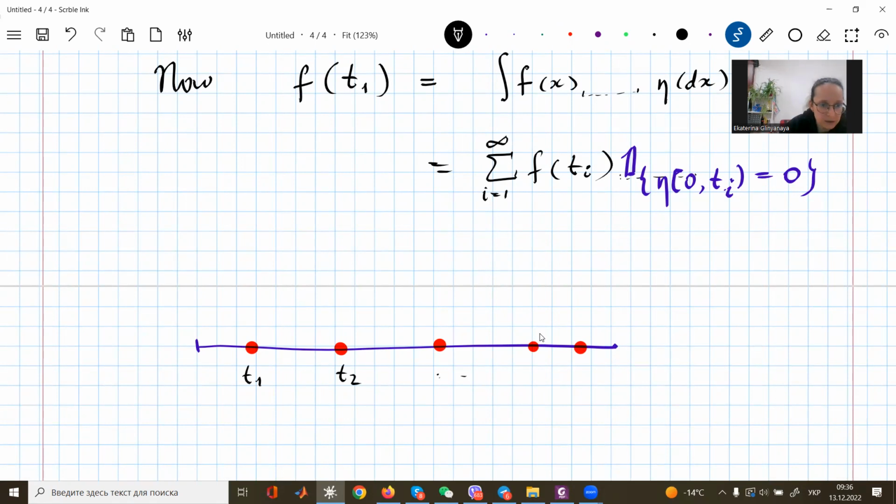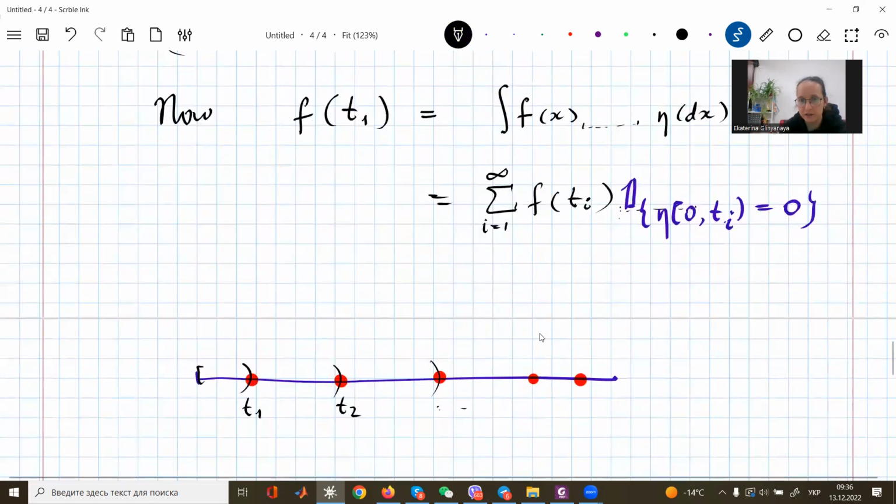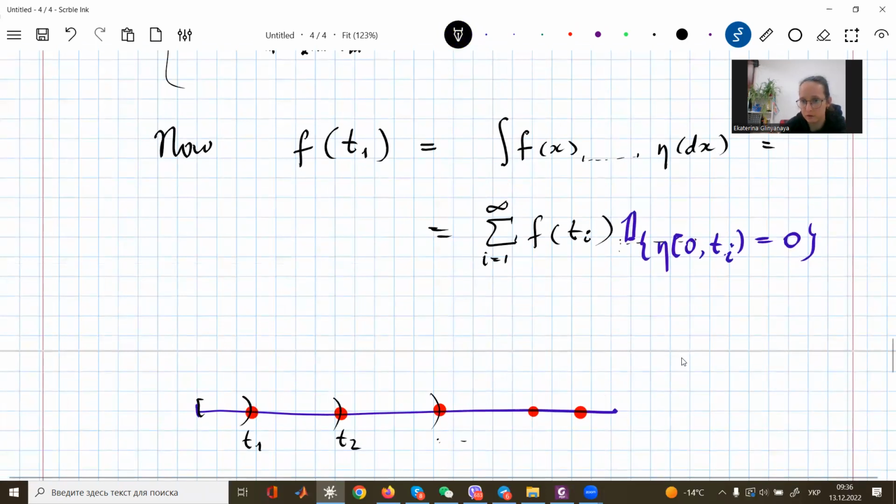So I consider these intervals, and only for t1 this indicator is equal to 1, and the others are equal to 0.